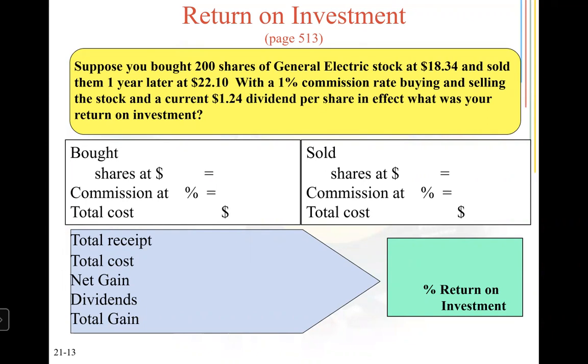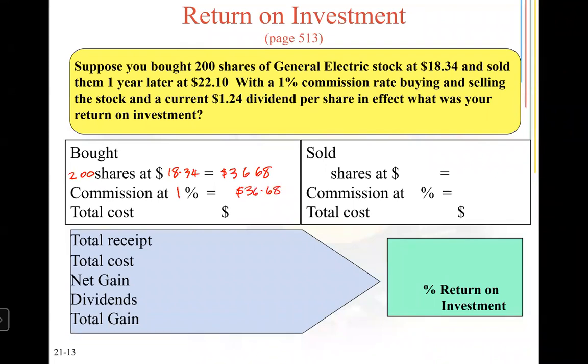Okay, so for the bought shares, it would be the 200 shares times the stock at $18.34, which would be 3,668. And then the commission at 1%, so that would be 3,668 times the 1%, and that would be $36.68.